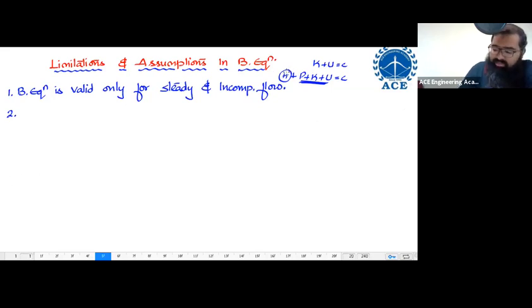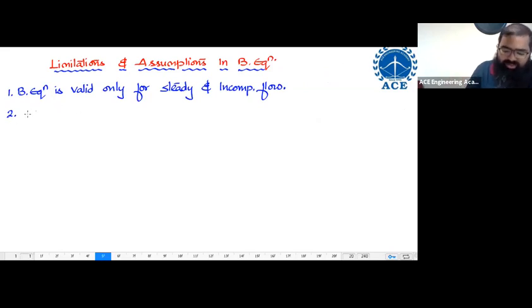Regarding the details of this point, you don't have to worry about it in my subject. The details will come in thermodynamics, where you study the concept of steady flow energy equation, that is SFEE, a very standard equation in thermodynamics. Over there, you'll come across it. Over here, I'll just write a statement.